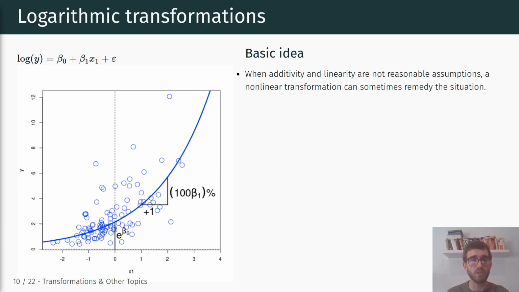And a very common one to use in cases like that is the logarithmic transformation, and particularly using a logarithmic transformation for the outcome measure.